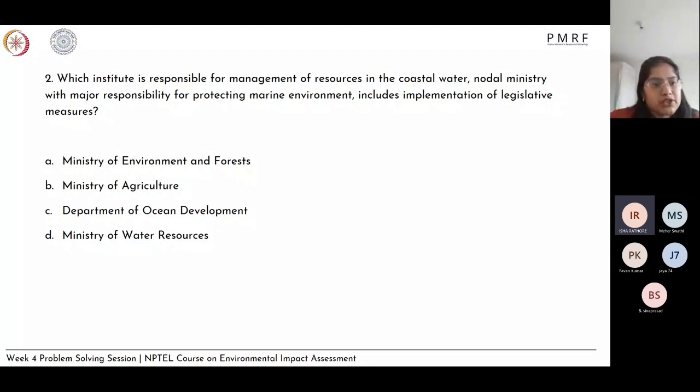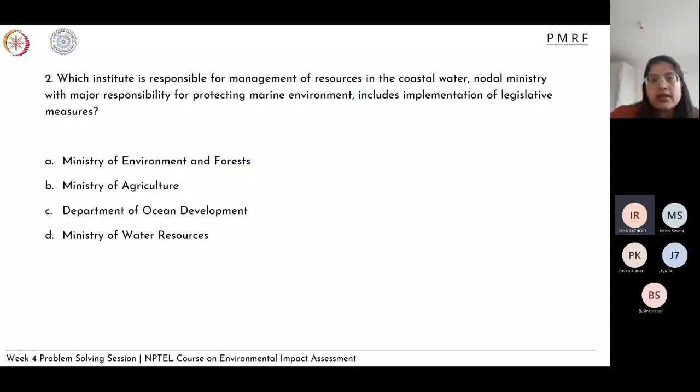Nodal ministry with major responsibility for protecting the marine environment includes implementation of legislative measures. So we looked at this agency among the Indian institutes and their coastal responsibilities as well. Is it A, the Ministry of Environment and Forests, B, Ministry of Agriculture, C, Department of Ocean Development, or D, Ministry of Water Resources?